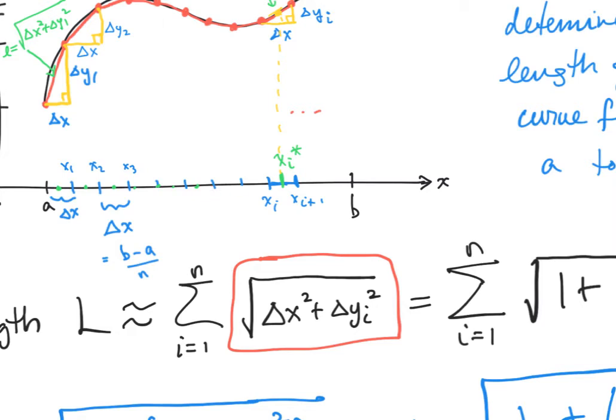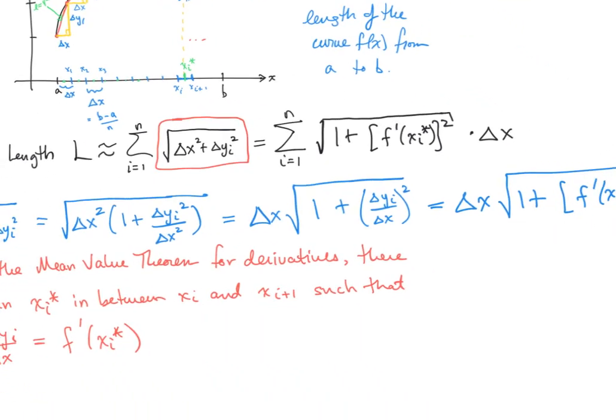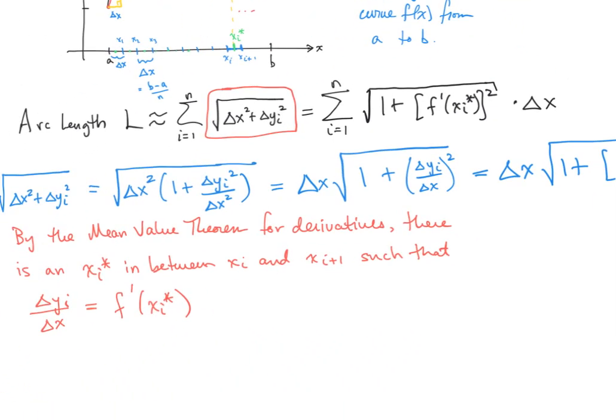As they move closer together, the x sub i stars are basically determined, because the endpoints of the interval are so close together, and x sub i star is in between the endpoints of those intervals, and so that just turns into the derivative at a point.